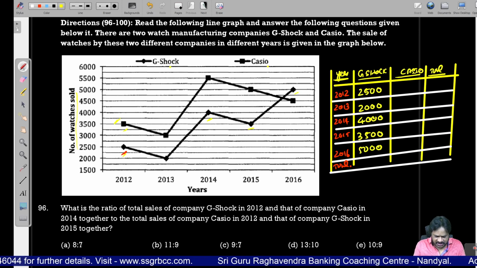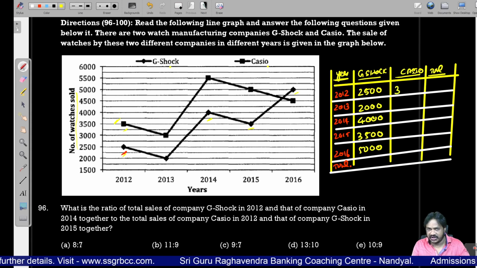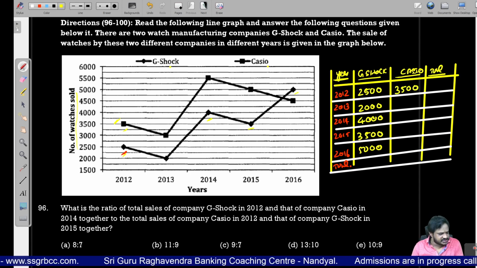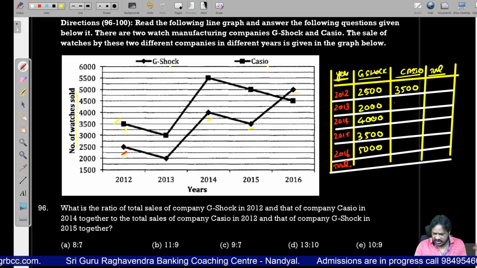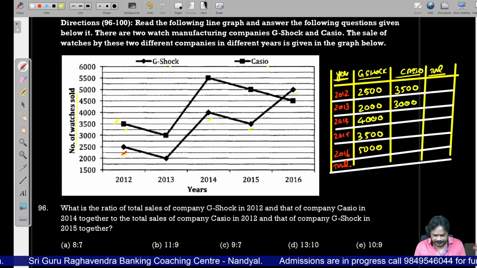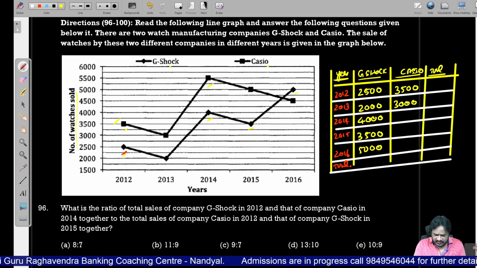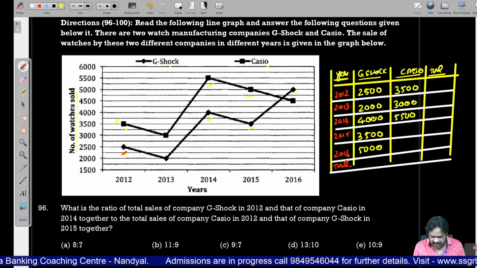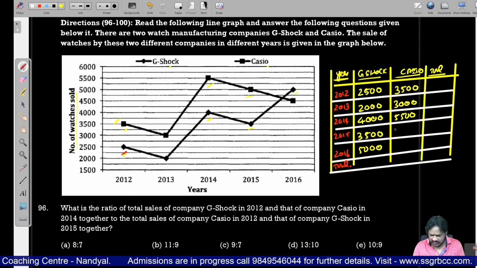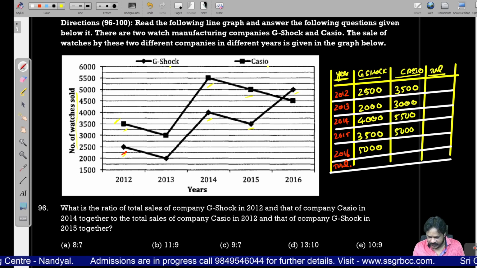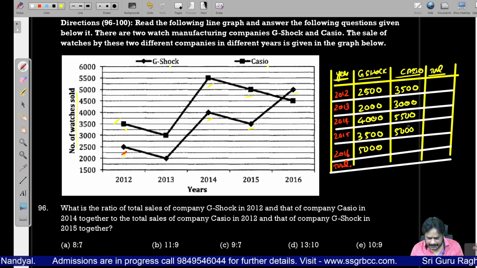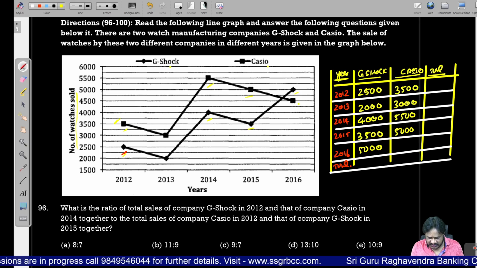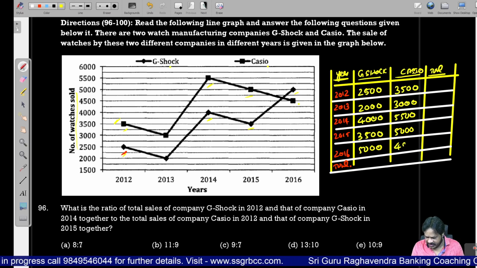So these are all Casio values. The first value 3500. Next value is 3000. Next value, this one, it is 5500. Then this one is exactly 5000. This one is exactly 4500.